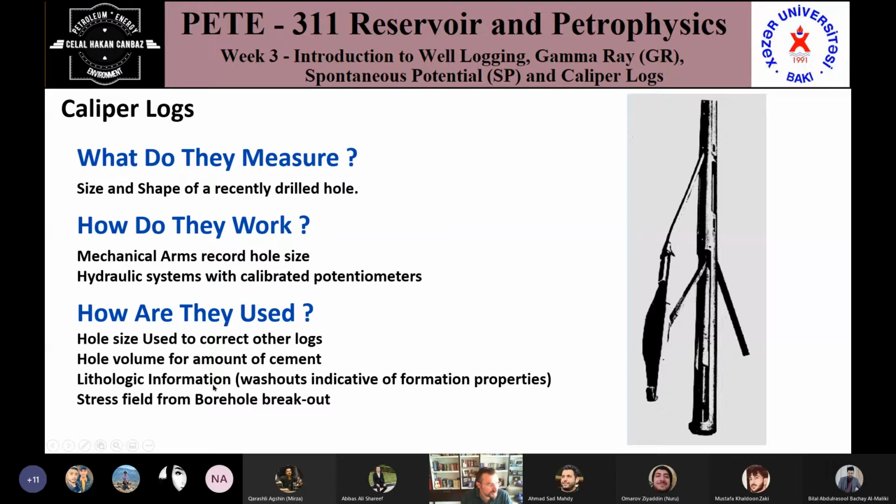The lithologic information, washout indicative of formation properties. The lithological information, it also gives you, because according to your borehole size, it is also an indication of the strength of your lithology.